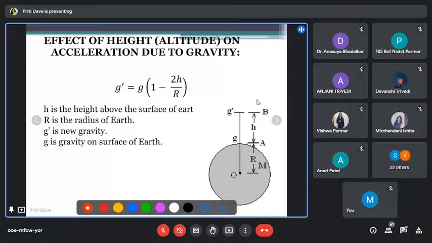Now, what is the effect of height, that is altitude? As if you are standing on a mountain or you are moving out, or you climb to a height, the acceleration due to gravity varies. It does not remain constant, it changes. Because it changes, this is the new acceleration due to gravity at a given height, and this is on the surface of the Earth.